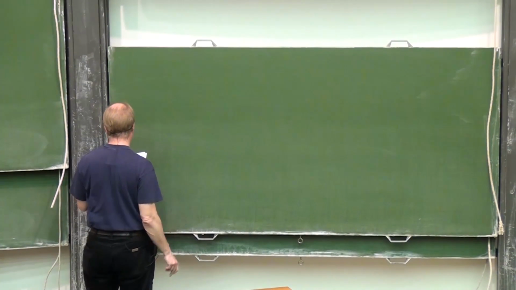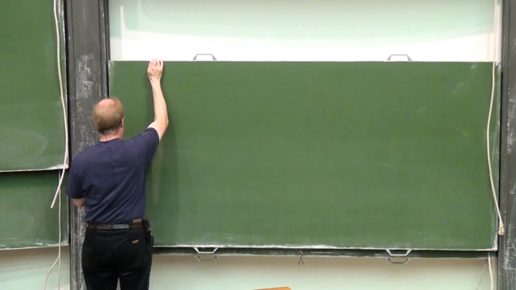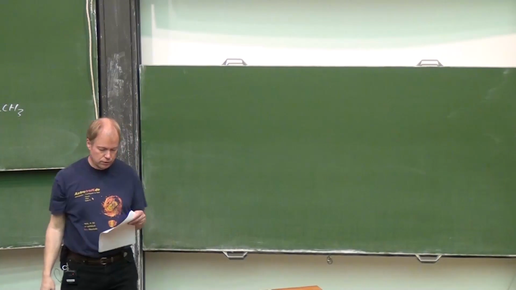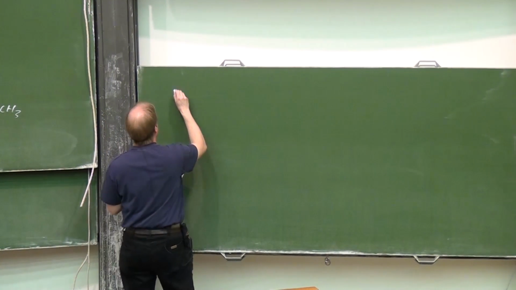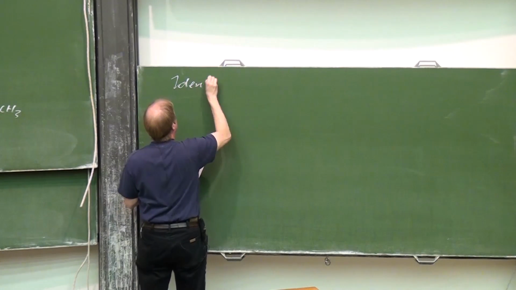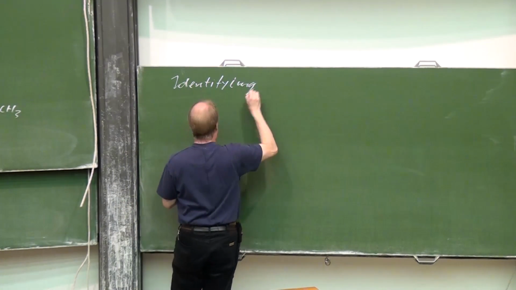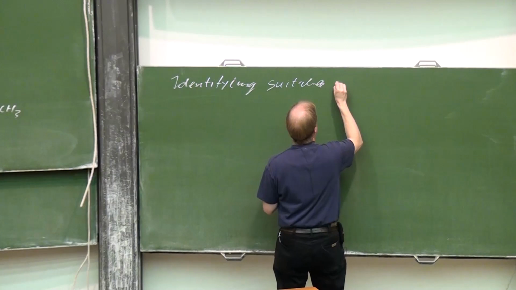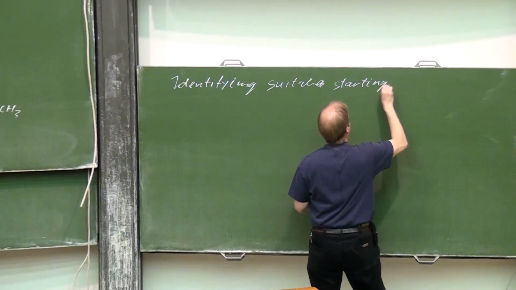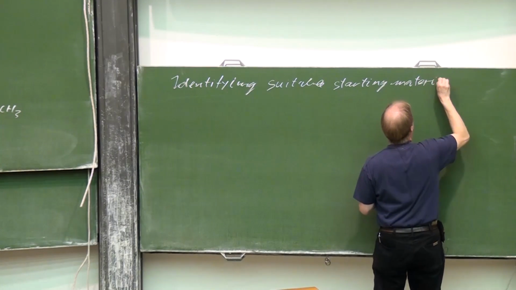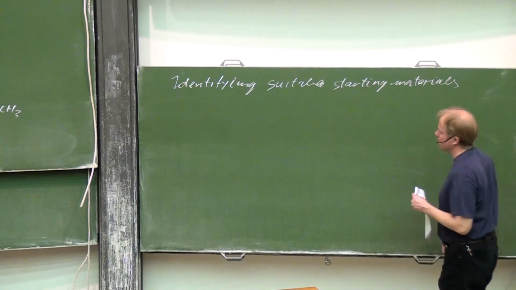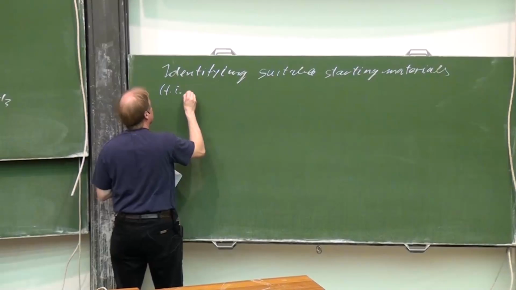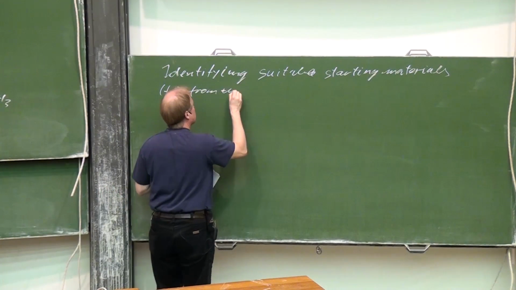So, another good idea is looking out for suitable starting materials, identifying suitable starting materials, for instance from the chiral pool.